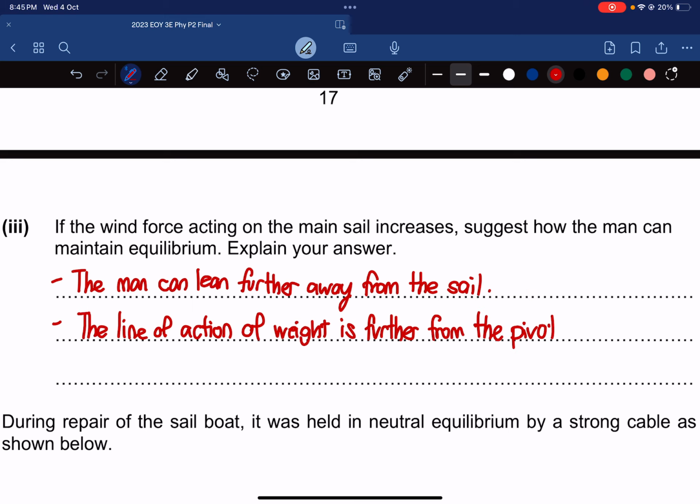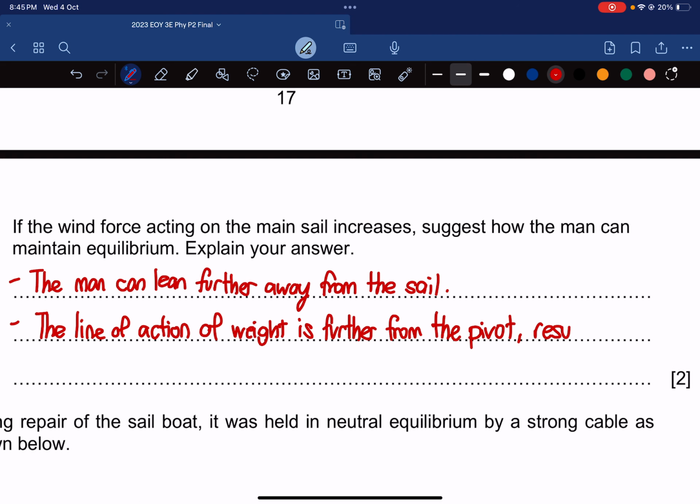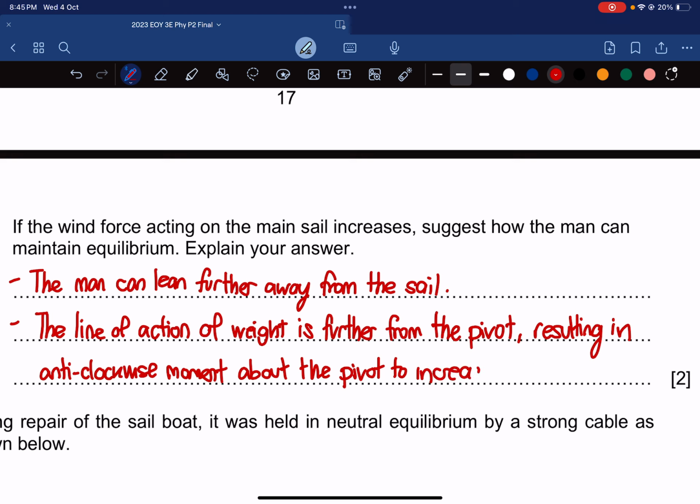This results in the anti-clockwise moment about the pivot increasing, and when this increases, it increases to balance the increase in clockwise moment by the wind force.